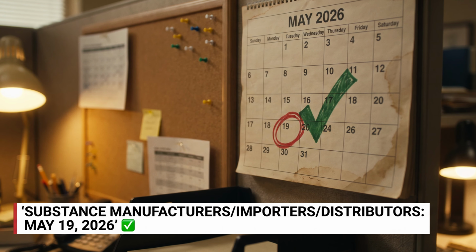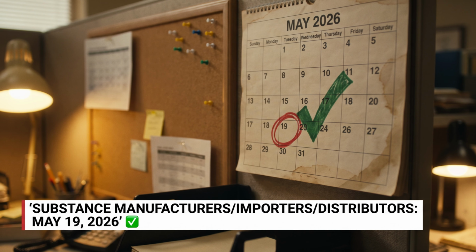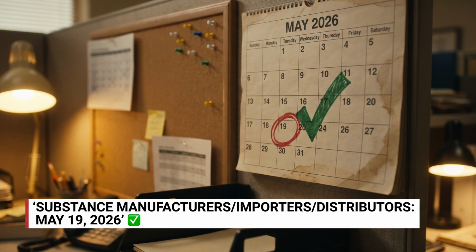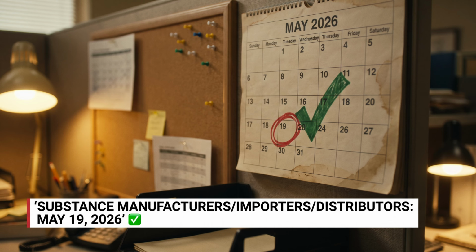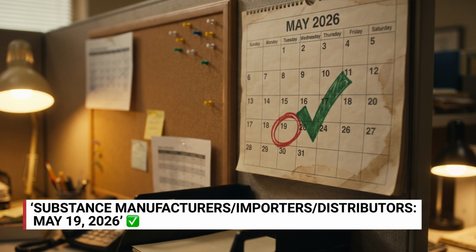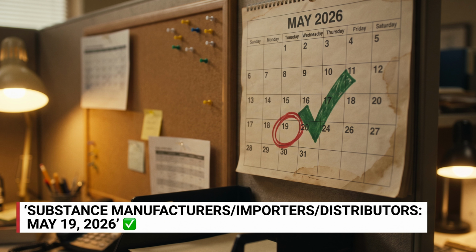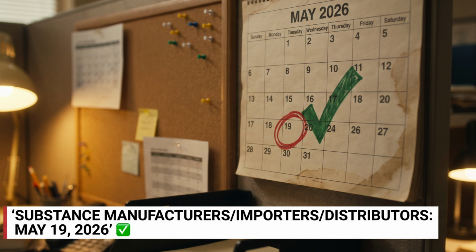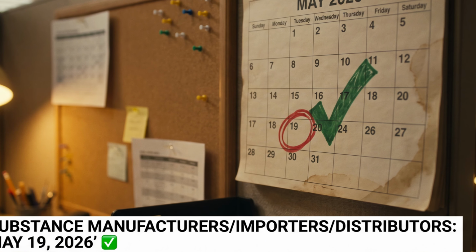OSHA's original rule gave manufacturers of substances 18 months and manufacturers of mixtures 36 months from the July 19, 2024 effective date. OSHA later extended every deadline by 4 more months. That pushed the substance manufacturer deadline to May 19, 2026, which has already passed.